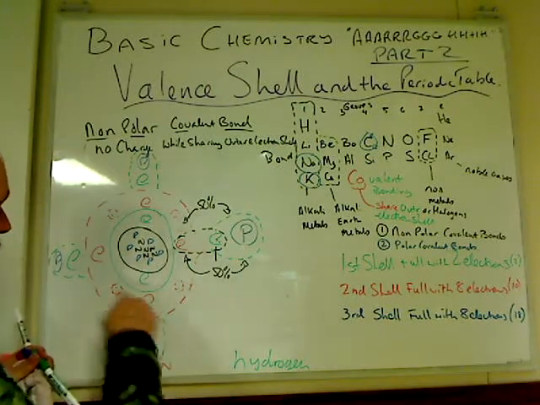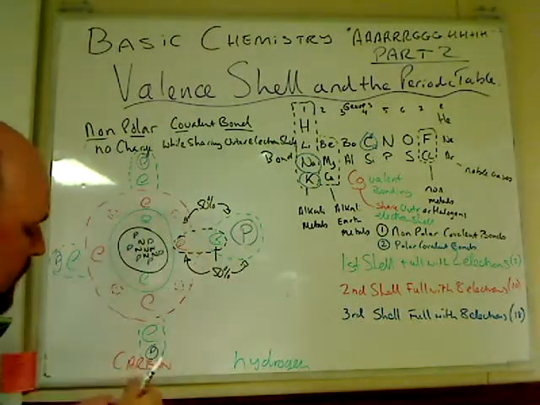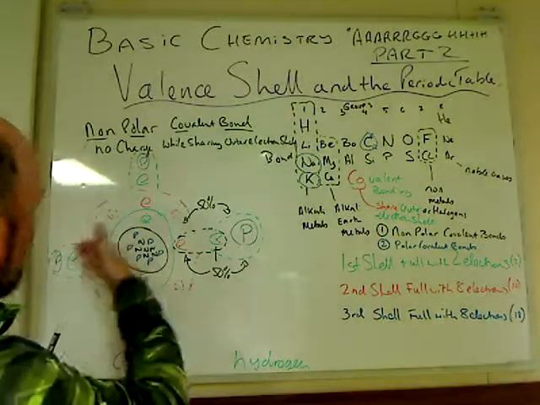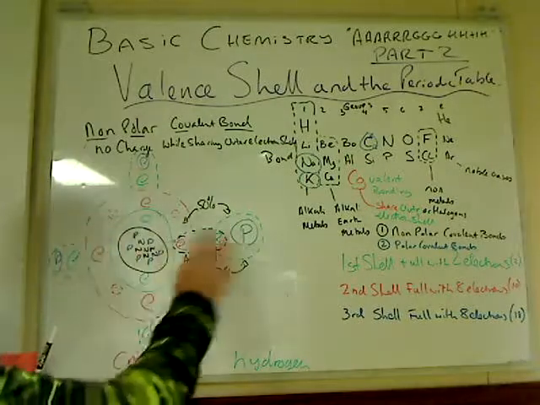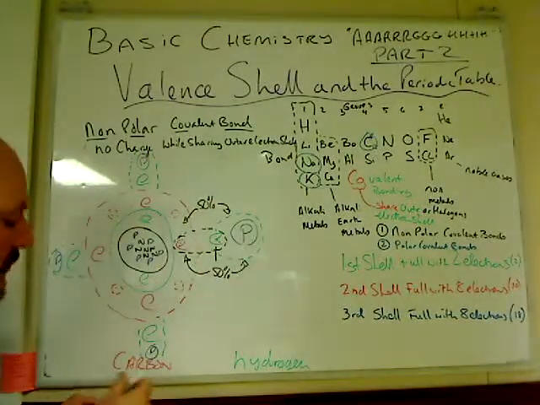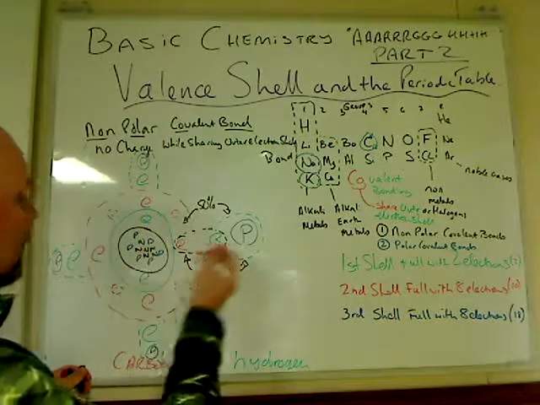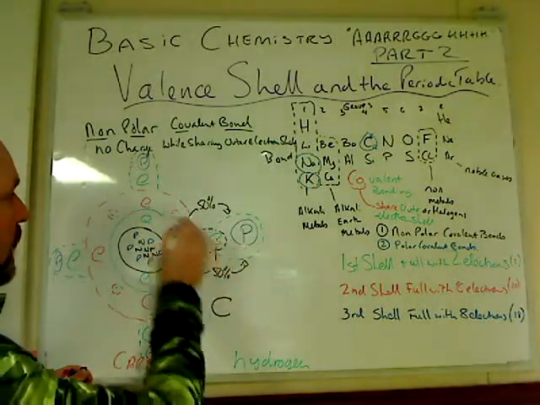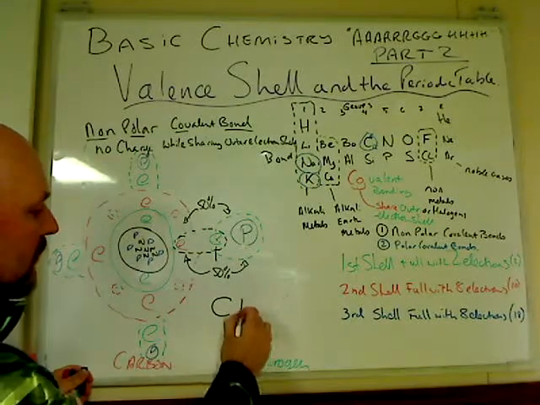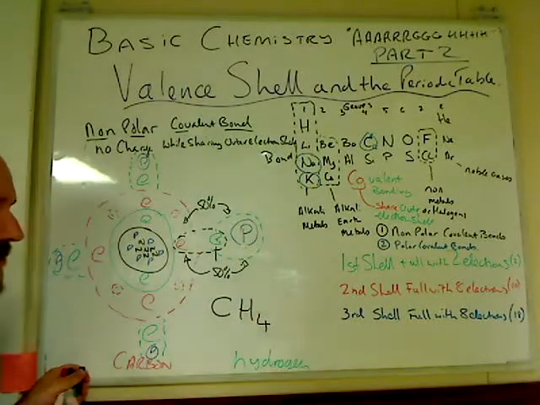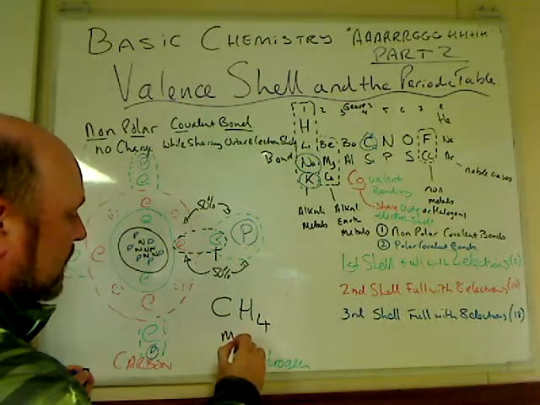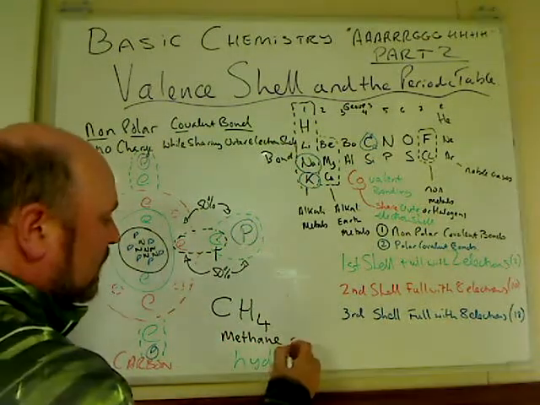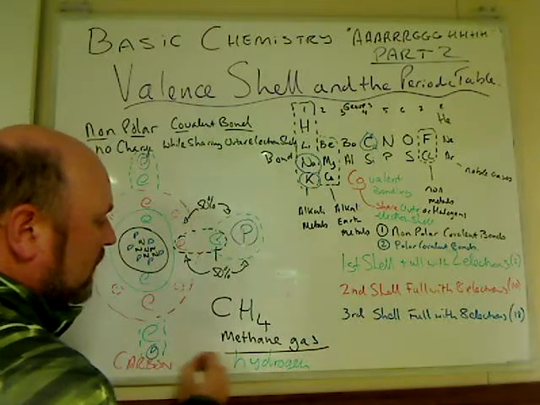And so they can all share, and at certain points carbon will have a full outer shell of 8 because it's borrowing the electrons from the hydrogens, and a moment later the hydrogens will have a full outer shell of 2. Now to draw that, by notation, you've got 1 carbon and 4 hydrogens. That, chemically, is methane, and methane is gas.